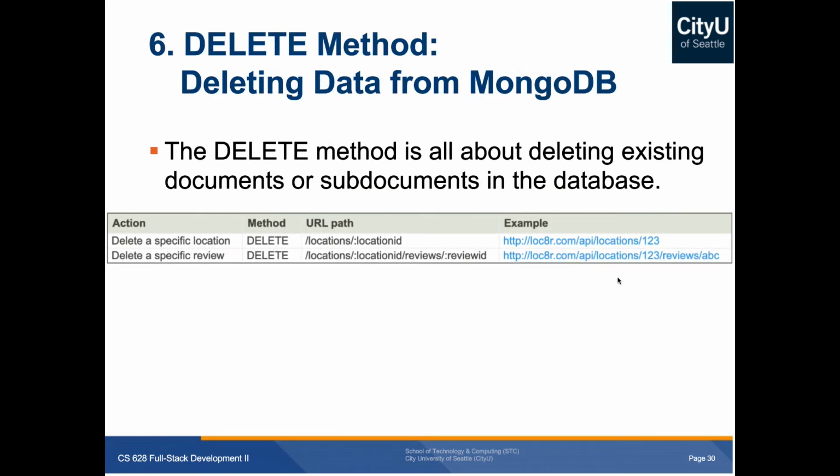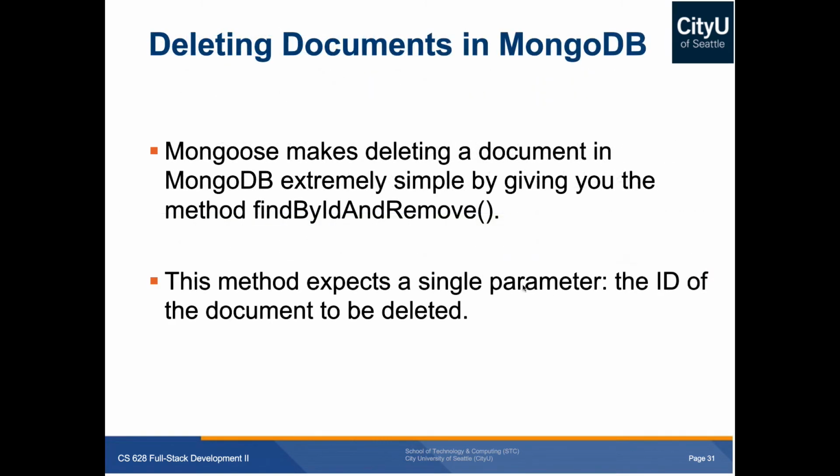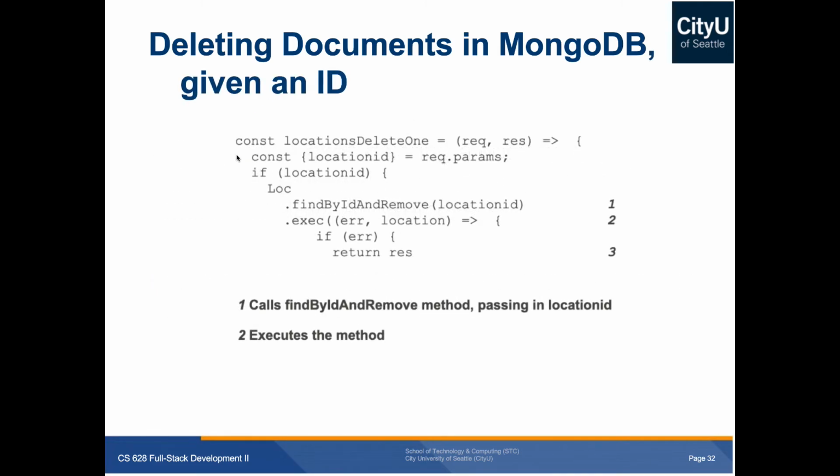Delete would be almost the same thing, right? It's still a write to the database. You can do find by ID and remove using the Mongoose method, right? You should first find the location by ID. You got that from the request params.